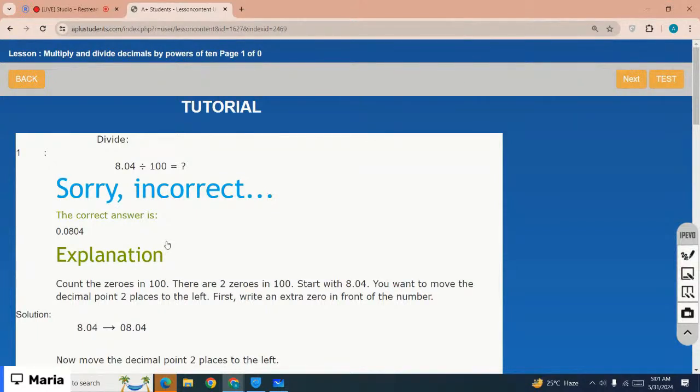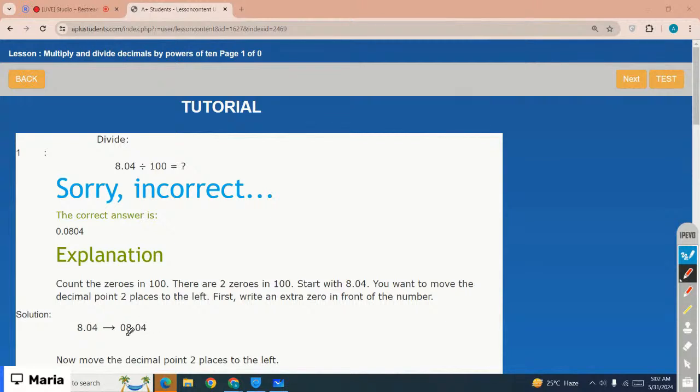So let's start with the first example. That is 8.04 divided by 100. So you are dividing by the power of 10, right? 100 is the power of 10. So you have to learn how we divide numbers like this. You have to count the zeros in the divisor. 100 has two zeros. That means you need to move the decimal point two places left, right?